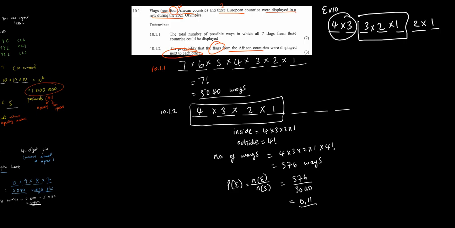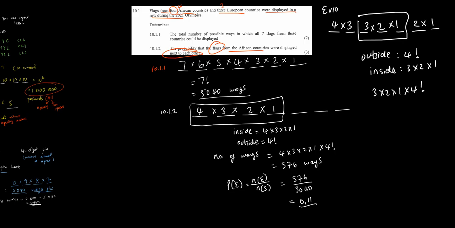So those that are moving around, you're going to say outside. Outside is 4 times 3, it's going to be 4 factorial outside. And then inside is going to be 3 times 2 times 1. So the total number of ways will be 3 times 2 times 1 times 4 factorial. Then you will get your answer, guys.